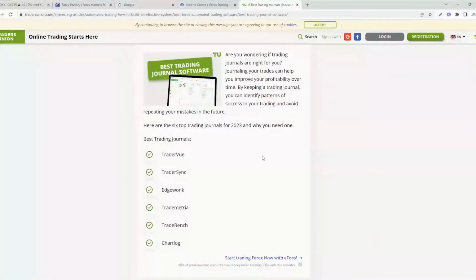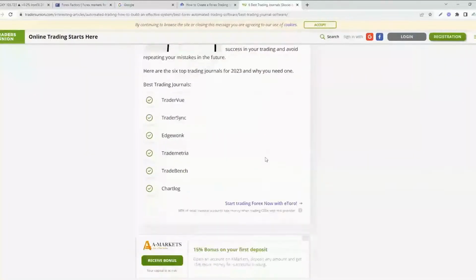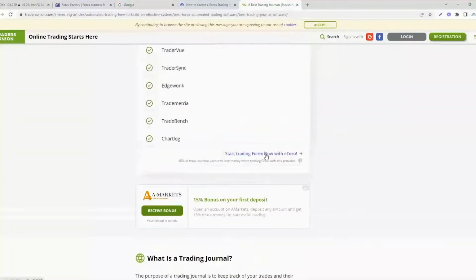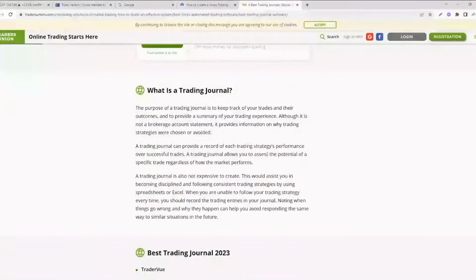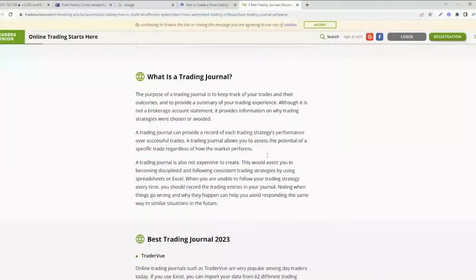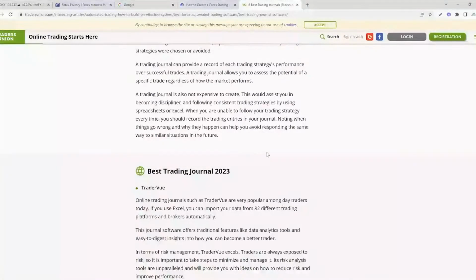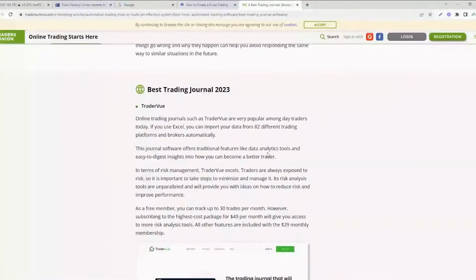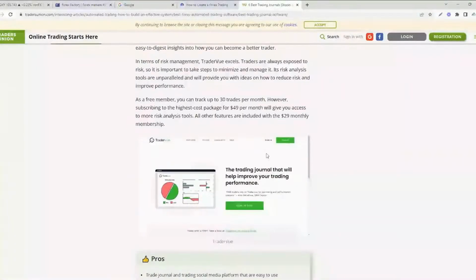Of course, you're free to Google and do your own research and try to find the right trading journal for yourself. But this is just an example of what is currently available in the market, and you can look through this website, and of course Google for other websites as well to find out what they are offering and how you can incorporate it with your broker as well.